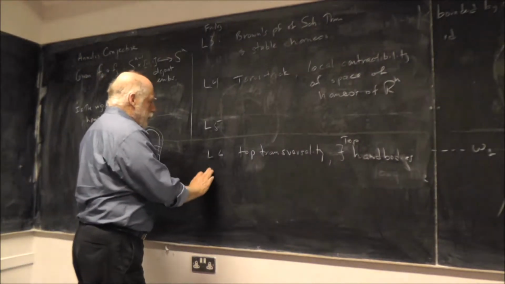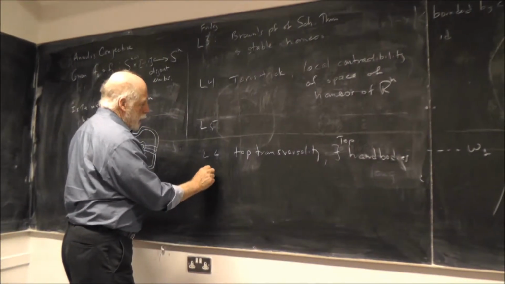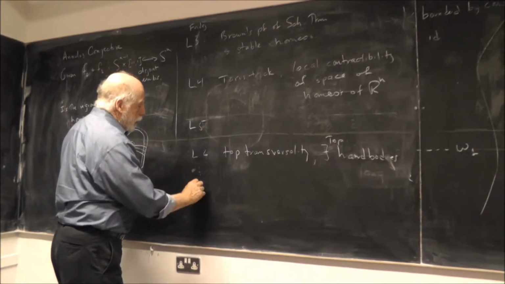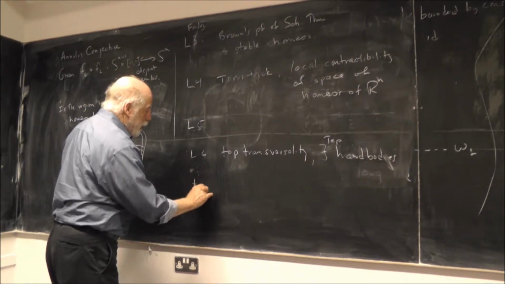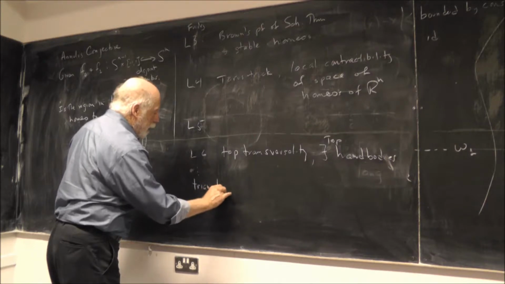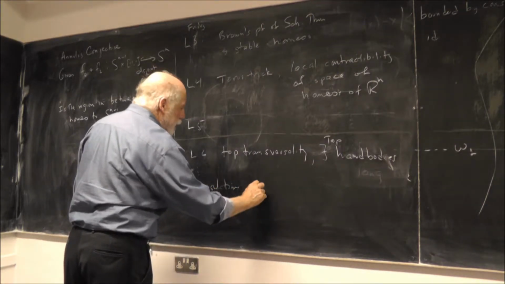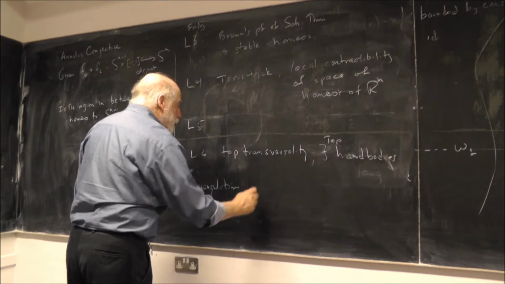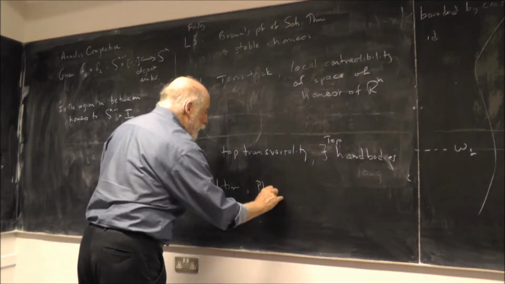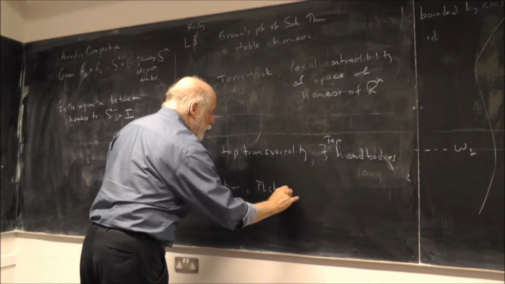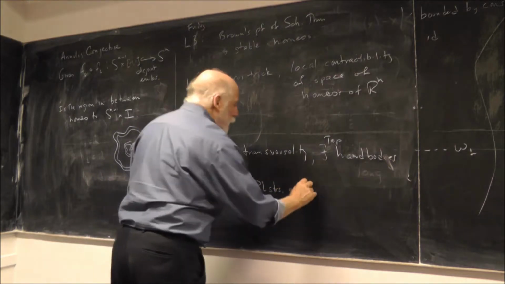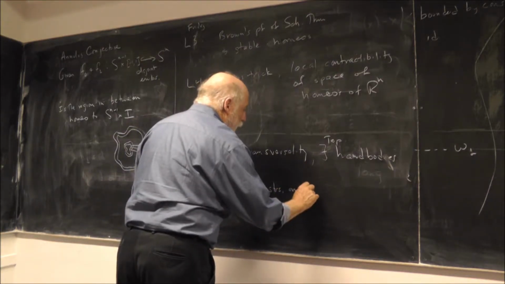So somewhere in here we get to triangulations. And as part of this is PL structures on, well, basically on the n-torus.